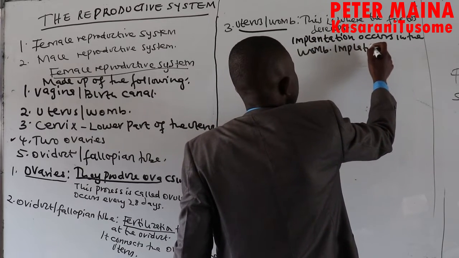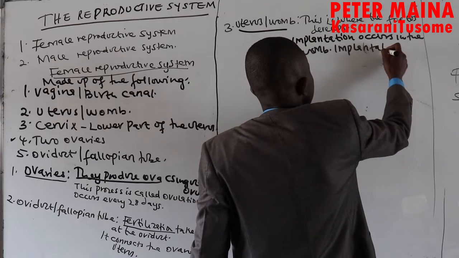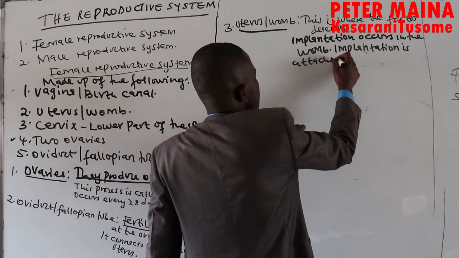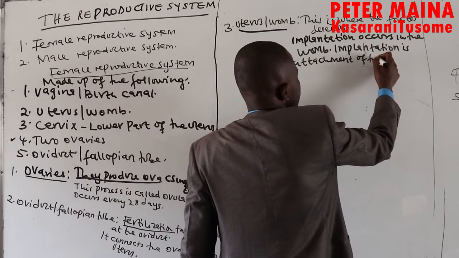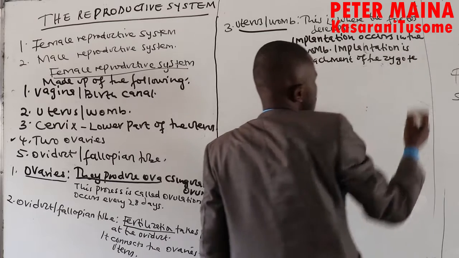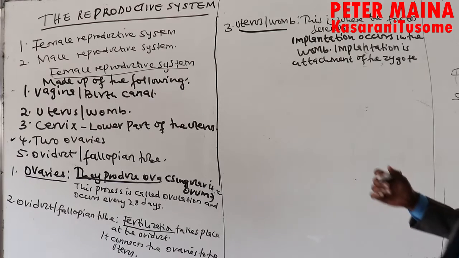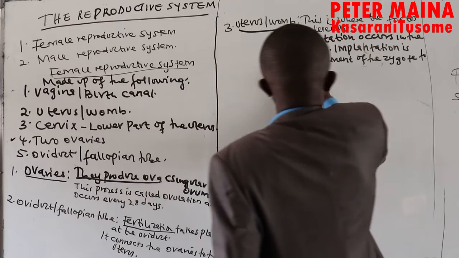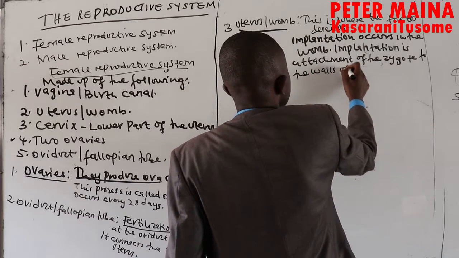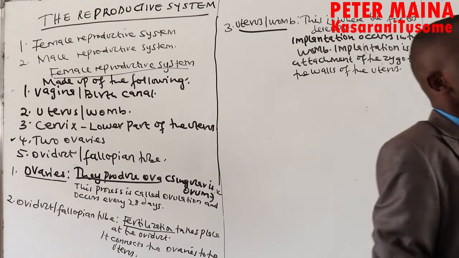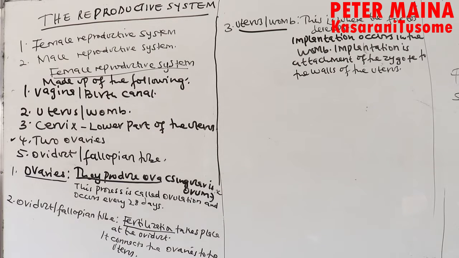Implantation is the attachment of the zygote to the walls of the uterus. So that is where implantation will occur.